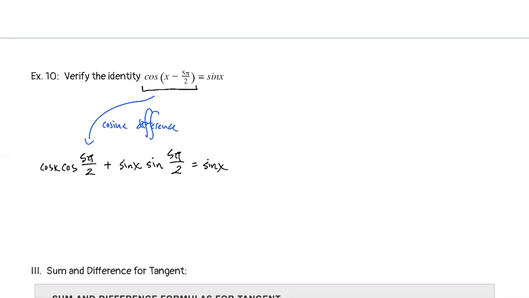Now this again kind of goes back to that first week of class where I was like, I want you to practice finding angles that are not on the unit circle. Like 5 pi over 2 is not one of the nice angles we see on the unit circle. So what angle is equivalent to 5 pi over 2?